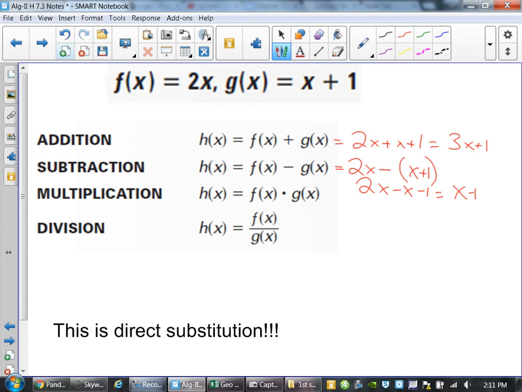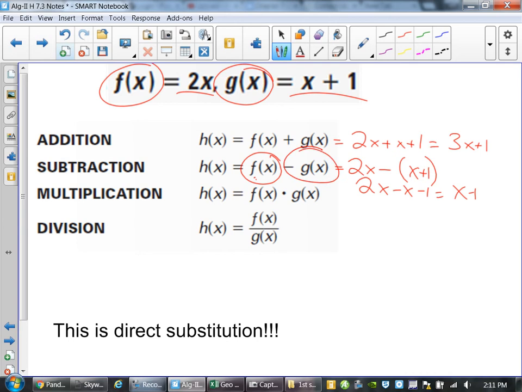No, I see what you're saying. What we're doing here is taking two functions and combining them. So you're right, it is its own term, and it is its own term, combine the terms. The f and the g's are still in there. Remember, what is f of x? Well, it's 2x. What is g of x? It's x plus 1. All these are doing is just saying, hey, rewrite me as a 2x. Rewrite me as an x plus 1. That's all that's saying.